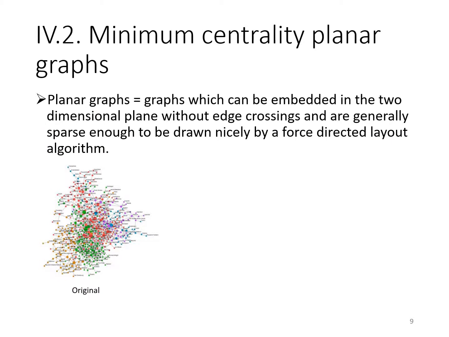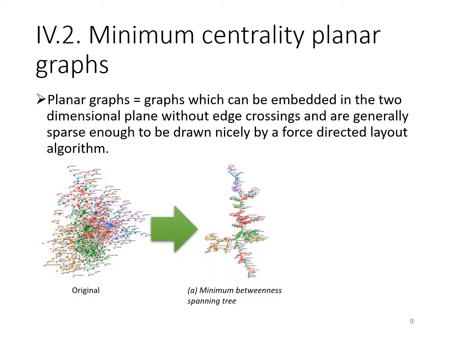Although the minimum spanning tree seems to reflect the cluster structure well, it does not meet requirement 2 in section 1, that is, it throws away more edges than is necessary. There is no reason why we cannot add more edges to a minimum betweenness spanning tree, but adding edges until our graph has the desired density can lead to the same drawback as adding edges with low weight in weighted graphs.